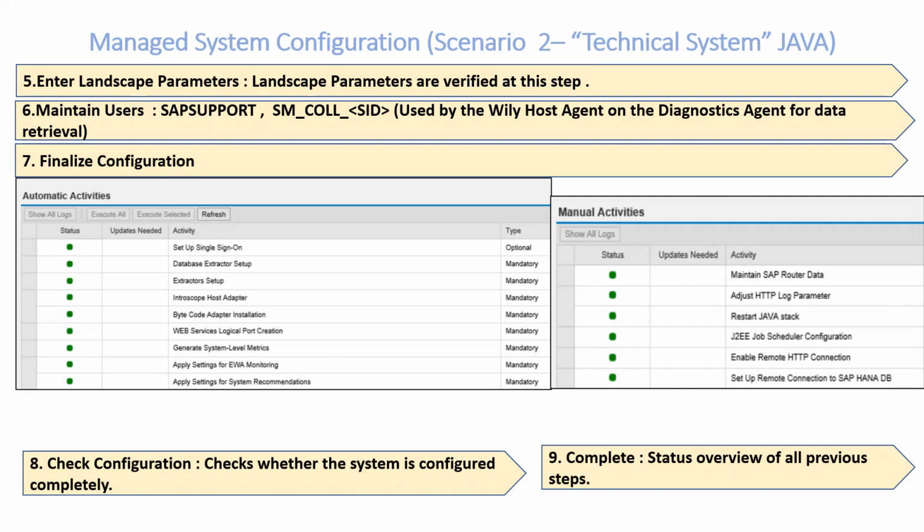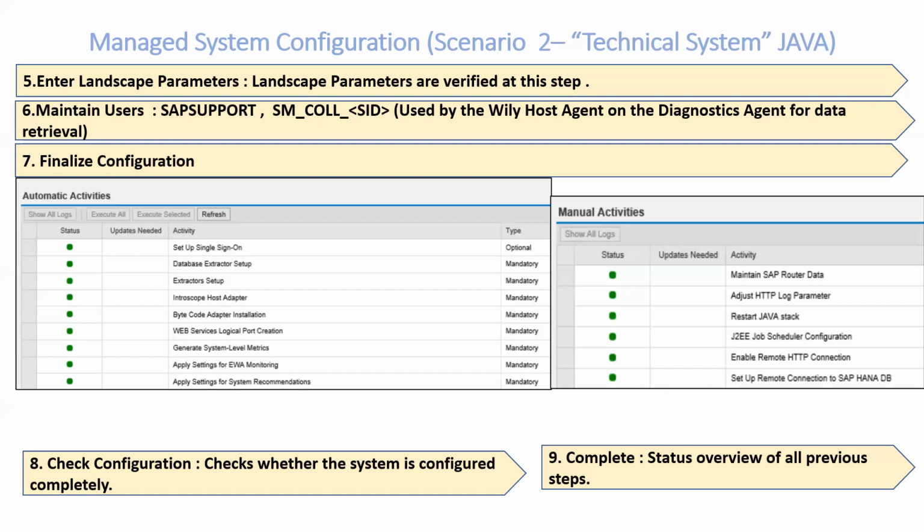The one additional step involved within the Java systems is the bytecode adapter installation. The bytecode adapter gets deployed to the J2EE engine to enable collection of performance data of J2EE-based applications. The other additional step is the web services logical port creation, where logical ports required for communication with different web services of the Java stack in the managed system get created.